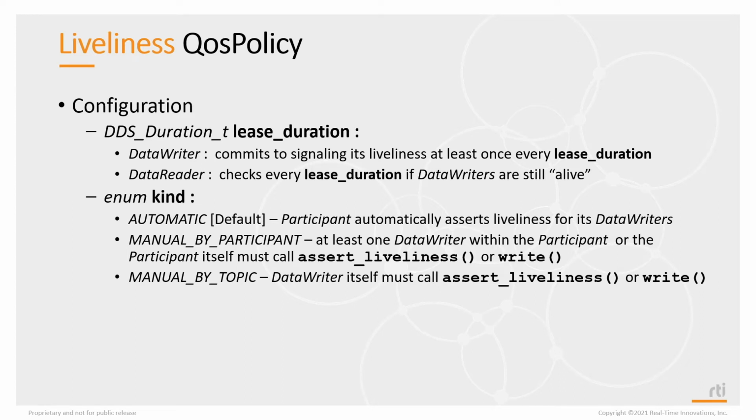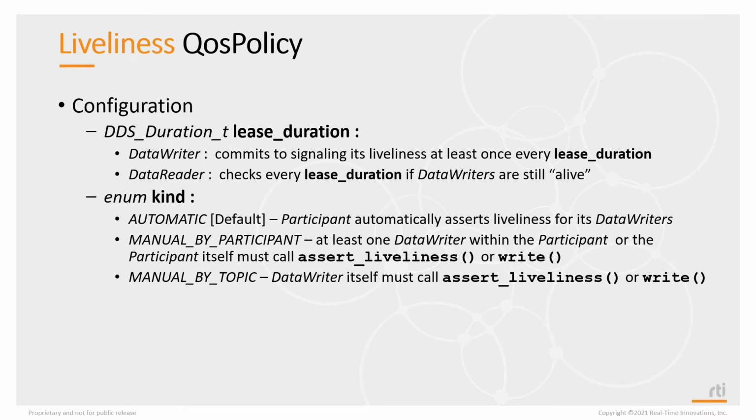Now, in some situations, you may want to manually assert. You want application code to tell the other applications, yes, this application is alive, this data writer is alive. There are two manual configuration values. One is manual by participant, the other one's manual by topic. Manual by participant means that at least one data writer in the participant has either sent data or you've called assert liveliness on that data writer.